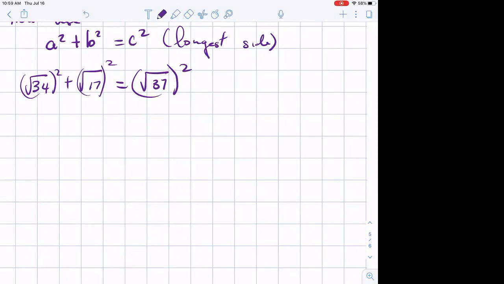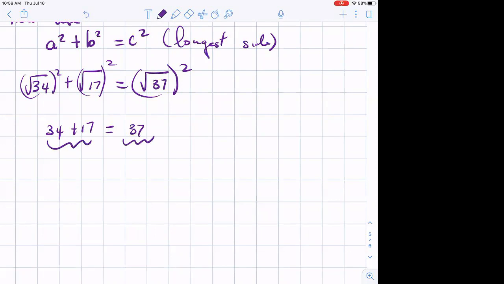So the square root of 34 squared is 34. The square root of 17 squared is 17. And this will be equal to 37. Is there any way when you add this, it is equal to that?